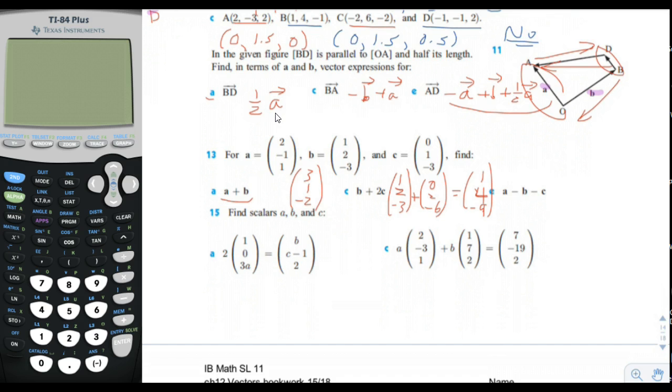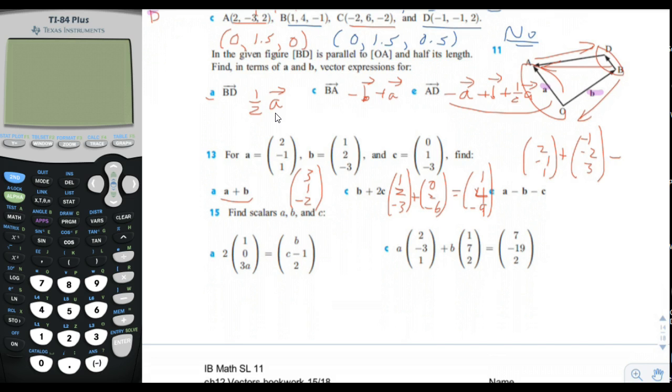Now vector A minus vector B minus vector C. So that would be (2, -1, 1), and minus B would be, I'm going to write it as an addition, (-1, -2, 3).